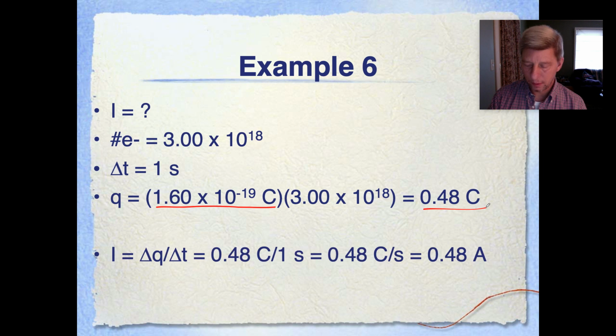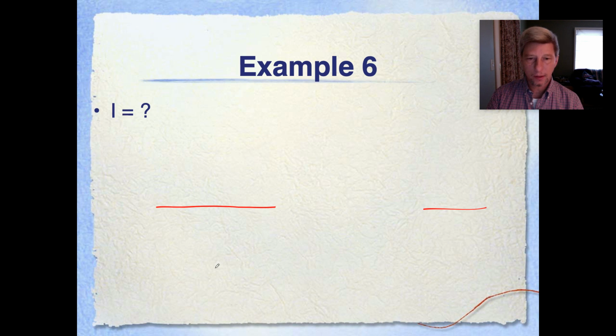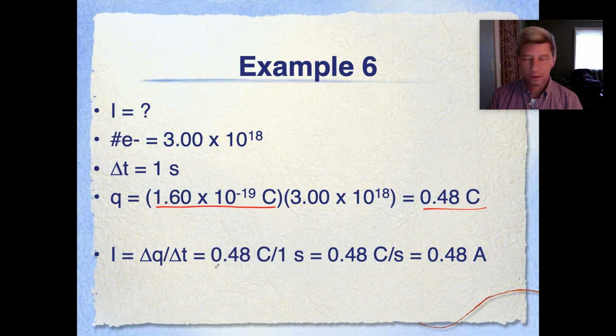Now, that doesn't answer the question, because the question is, what is the current? And the current is equal to delta Q over delta T, which is 0.48 coulombs per 1 second, which is 0.48 coulombs per second, or 0.48 amps.